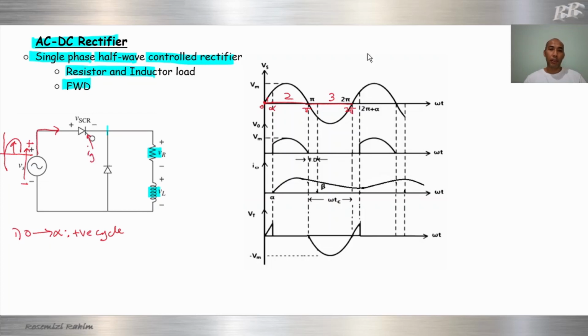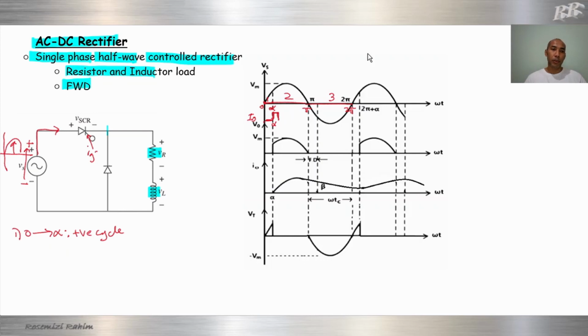So during 0 to alpha, we are not injecting the gate current yet. Let's say this is the gate current. IG is injected after alpha. So between 0 and alpha, there's no IG.